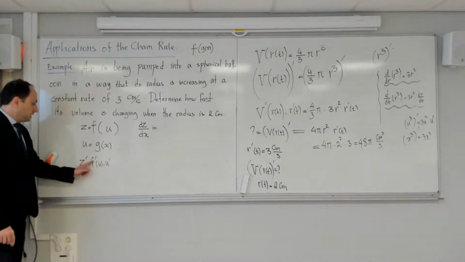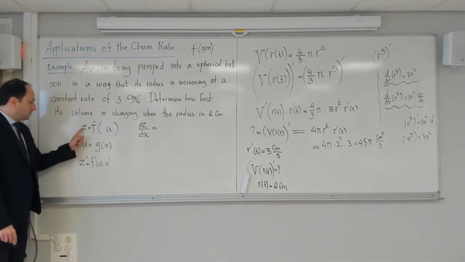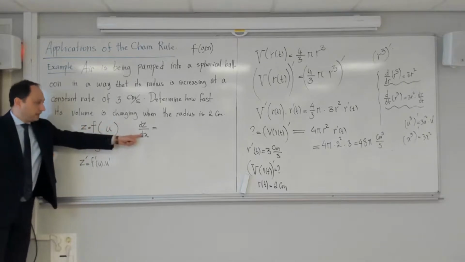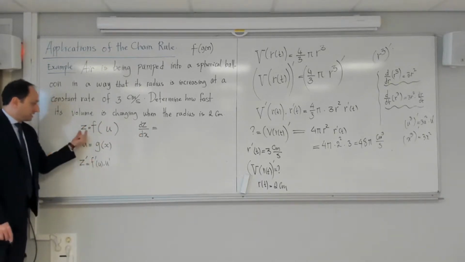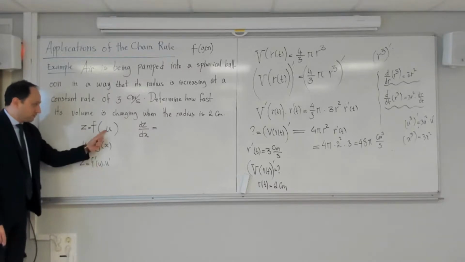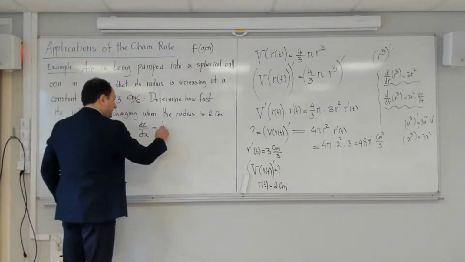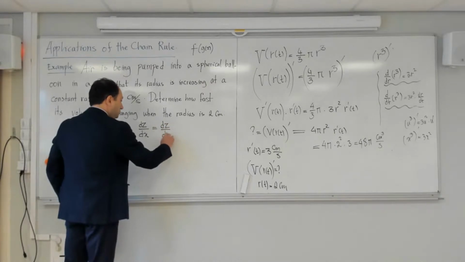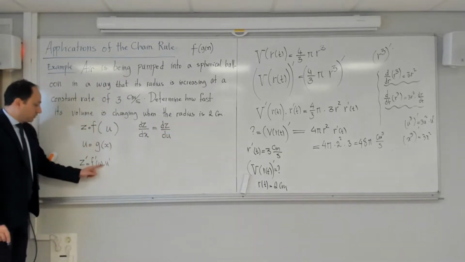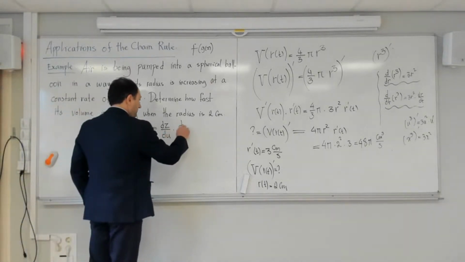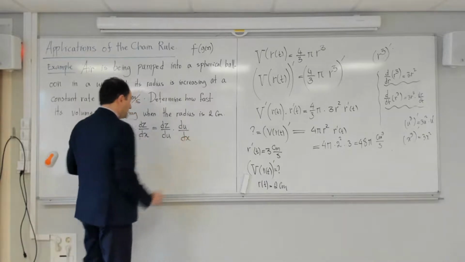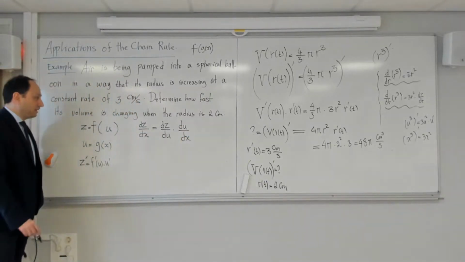So if you want to calculate the derivative of Z with respect to X, calculate the derivative of F, which is the same as Z, with respect to its variable, so dz with respect to U. But don't forget to multiply by the derivative of U with respect to X.